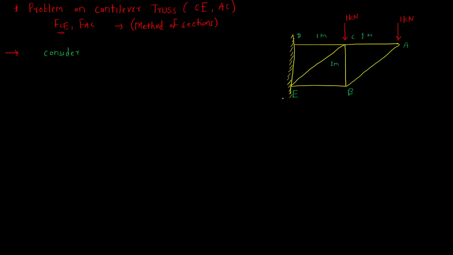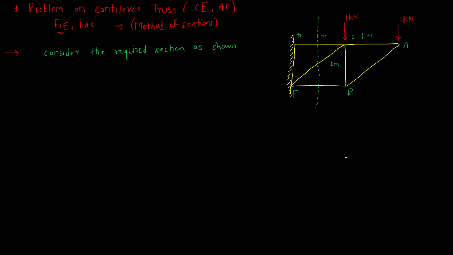In this case we don't have to find out the reactions, so consider the required section as shown. We want to find the force in EC or CE, so we'll cut in such a way that this EC gets cut. So this is my section.